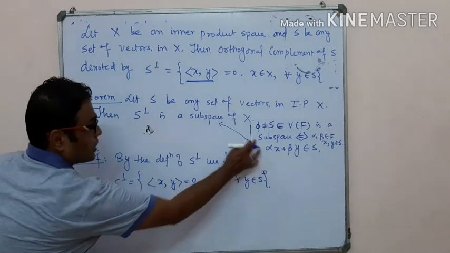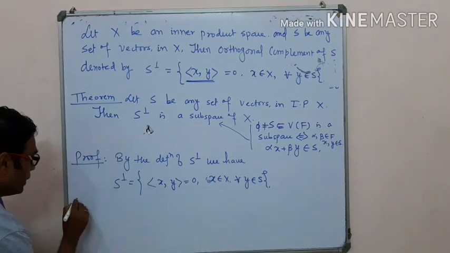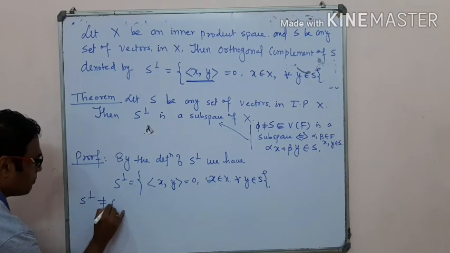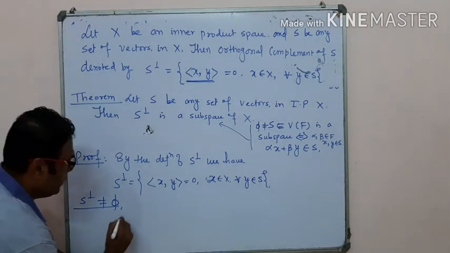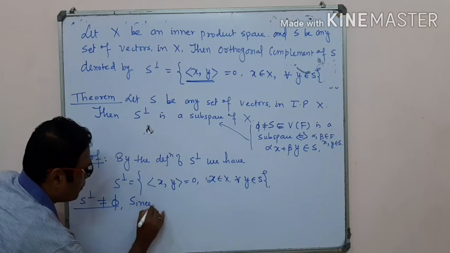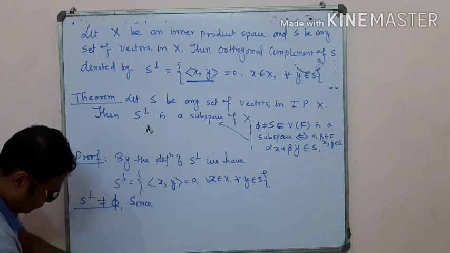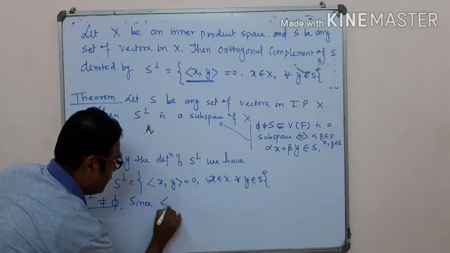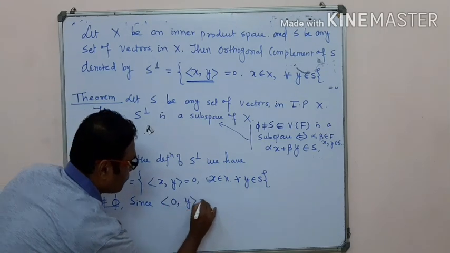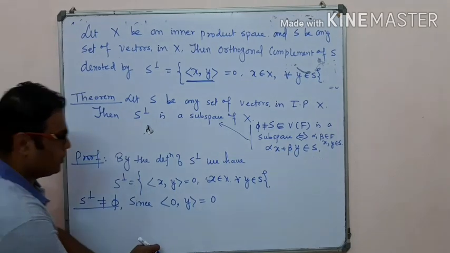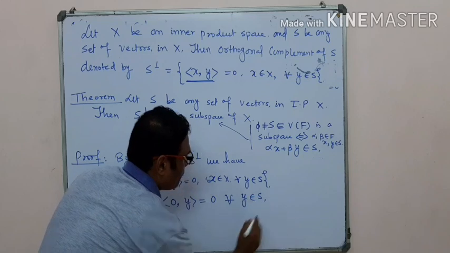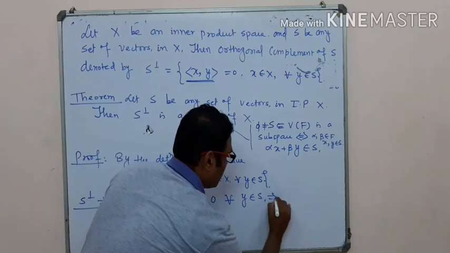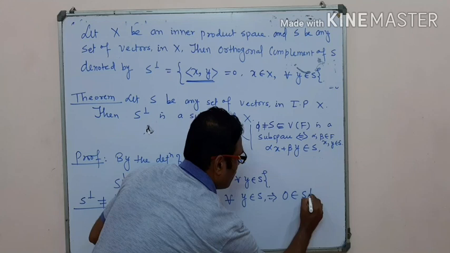Now according to this concept, first we prove that S complement is non-empty. Since the inner product of 0 comma y is equal to 0 for all y belongs to S, it implies that 0 is a member of S complement.